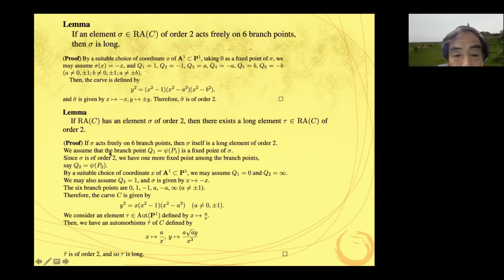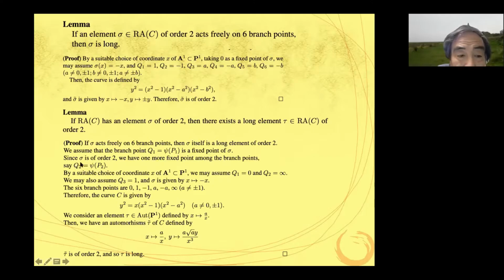So we may assume one branch point, Q1, is a fixed point of sigma. Since sigma is of order 2, we have one more fixed point because we have six branch points, and one of them is fixed by the element of order 2, sigma. So we have one more fixed point among the branch points.